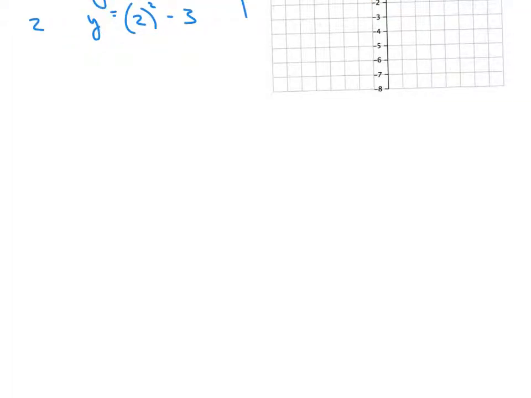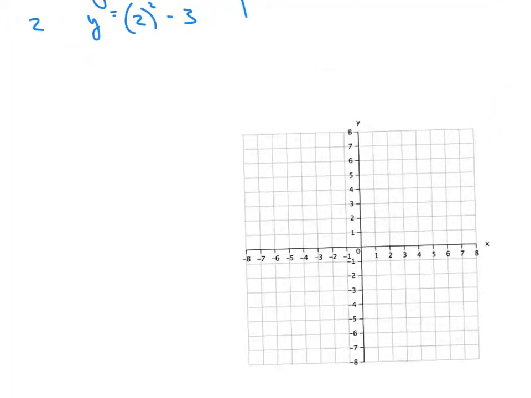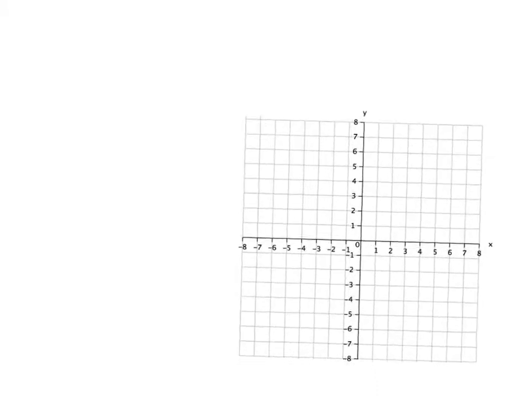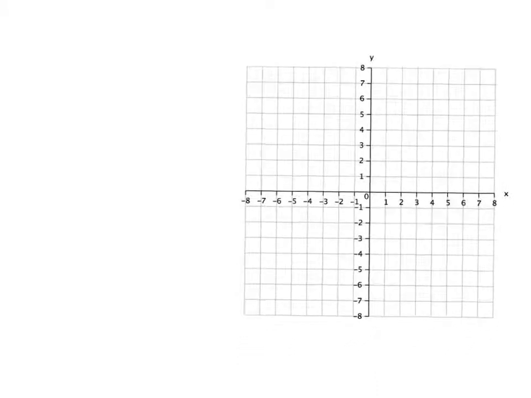But let's see what happens if we decide, like most algebra, you learn one way of doing it and then you find out later there's actually an easier way to do it, and the same is true here. If we want to find out a couple points relatively easily, what we do is we look for what are called the intercepts.